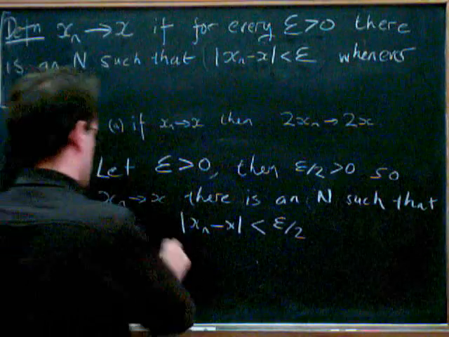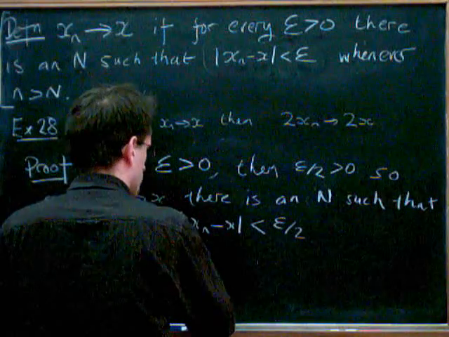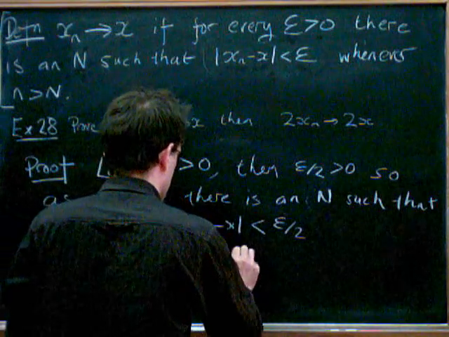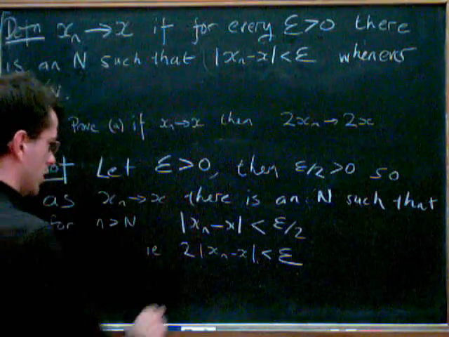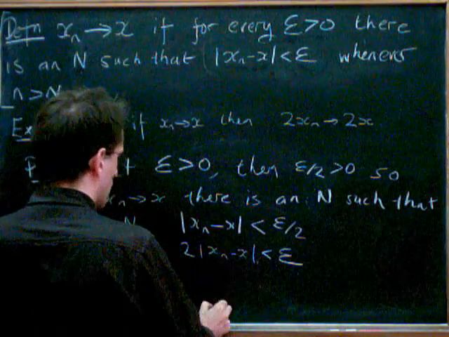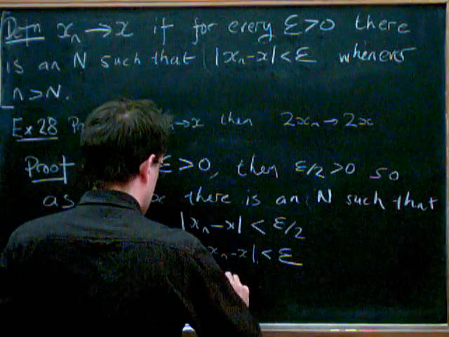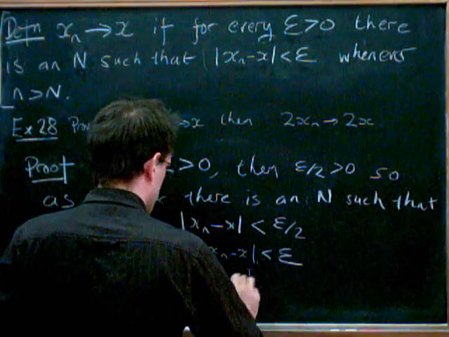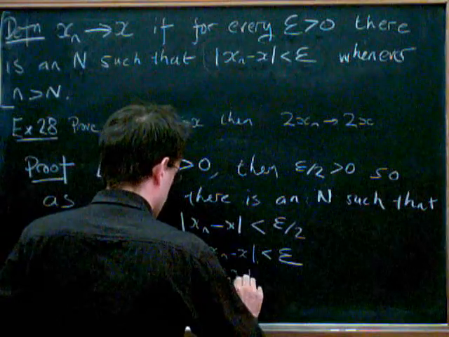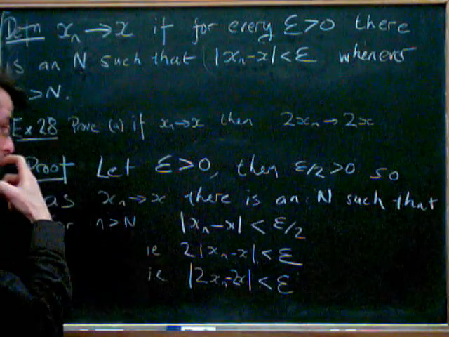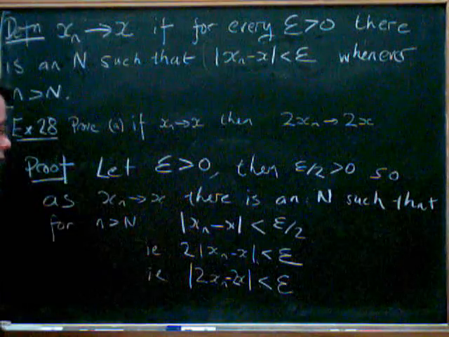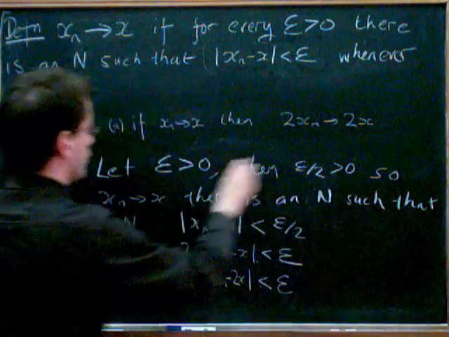I.e. 2 times the modulus of xn minus x is less than epsilon, just multiplying through by 2, i.e. the modulus of 2xn minus 2x is less than epsilon. Okay, so we've got exactly what we want to prove here.